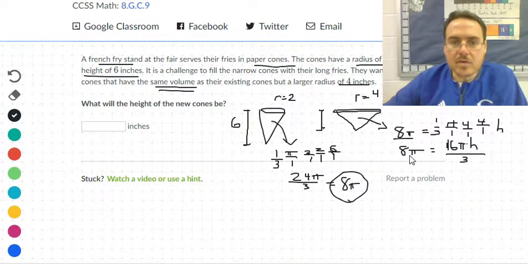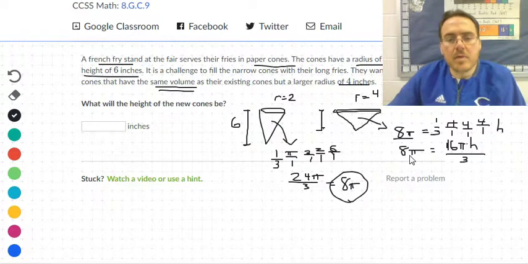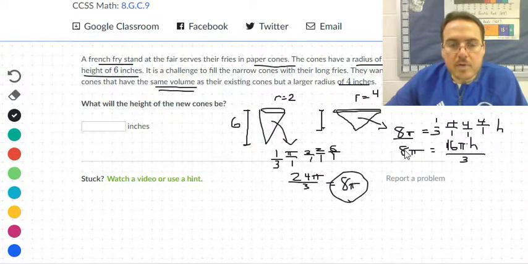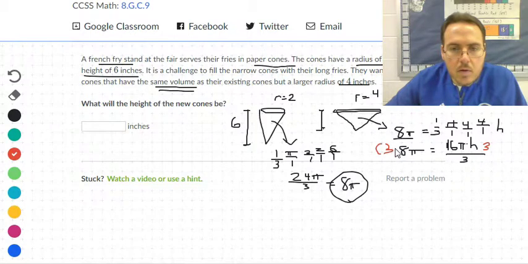Okay, so now we've got to do some, I love doing balance math. So I'm going to multiply both sides times 3. So these cancel out, and I end up with 24 pi equals 16 pi times the height.